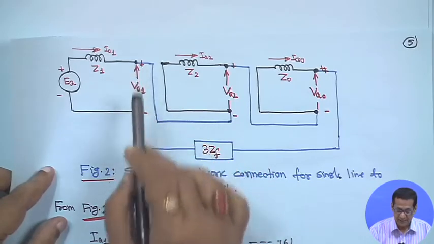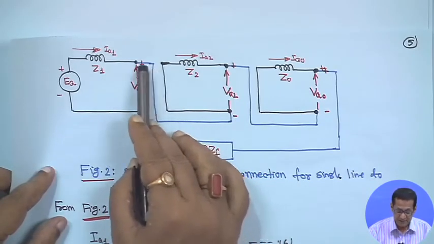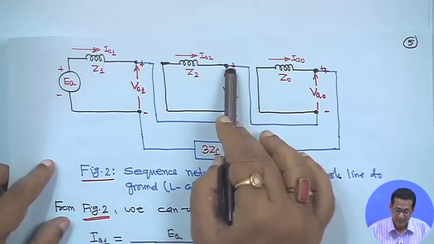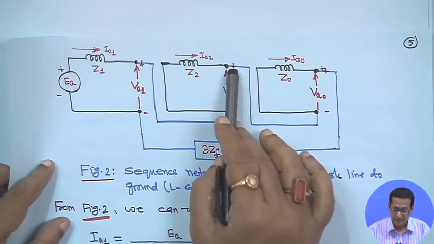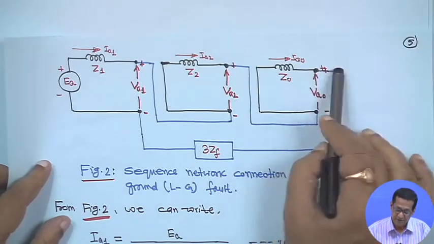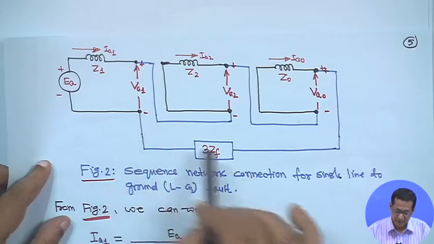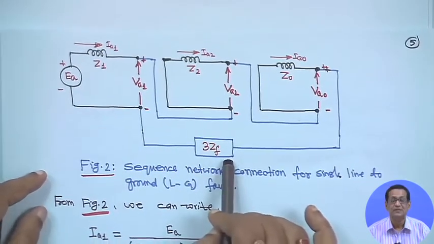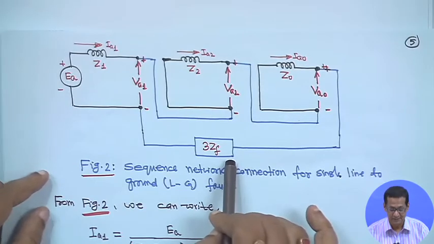In this series connection, the blue plus will be connected to the minus. Similarly, from the negative sequence, the plus terminal will be connected to the minus, and finally, from zero sequence, plus will be connected to the minus through 3 ZF, because VA1 plus VA2 plus VA0 is equal to 3 ZF.